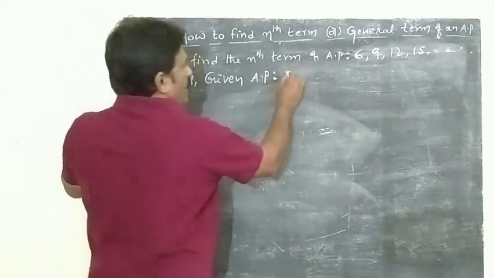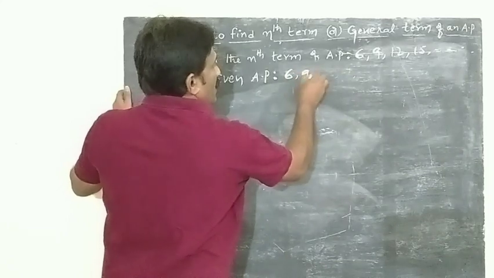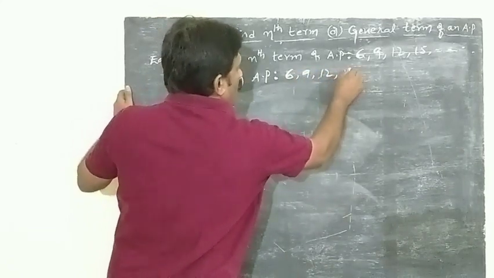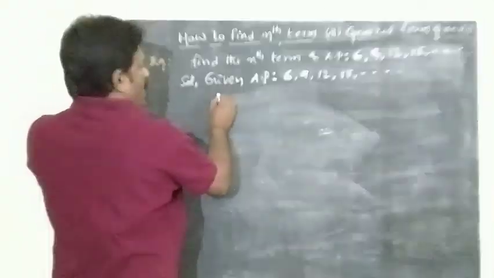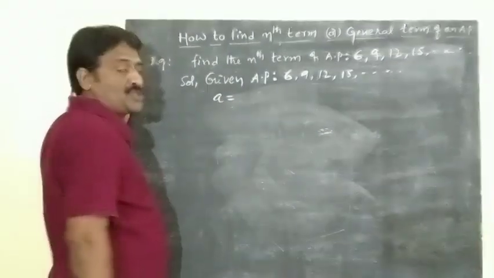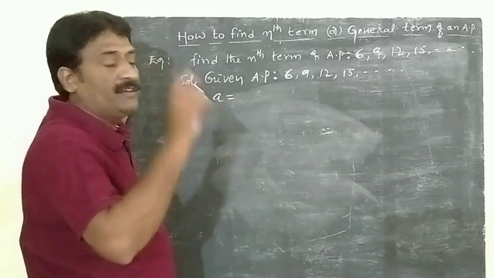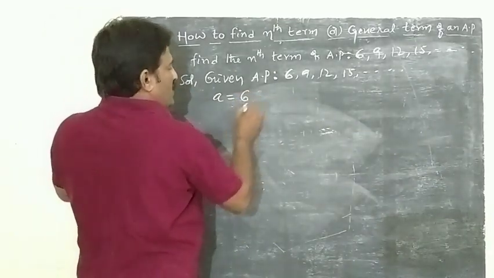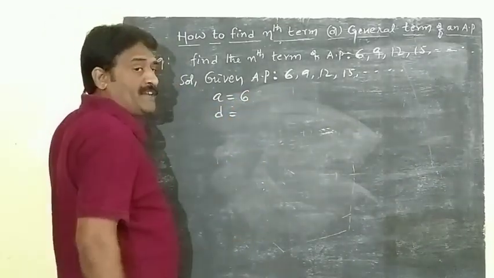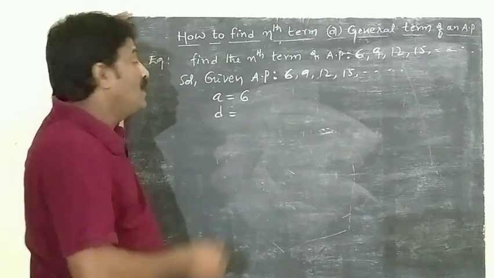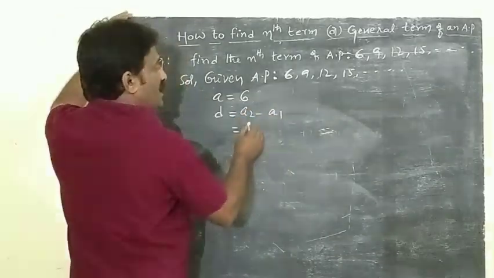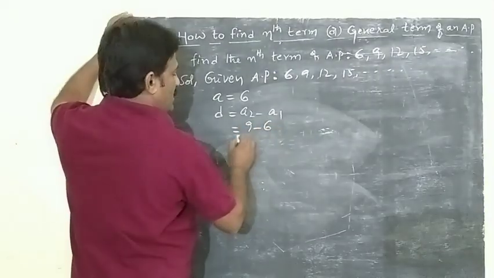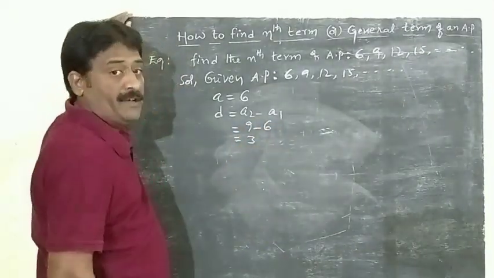Here the first term a1, or a, is equal to 6, and the common difference d is equal to a2 minus a1, that is 9 minus 6, which is 3.